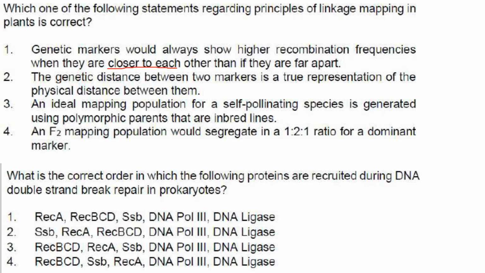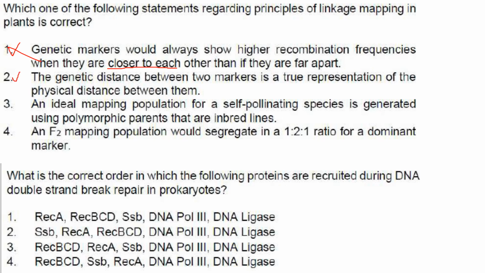They have asked which is the correct statement. The genetic distance between two markers is a true representation of the physical distance between them. That is also incorrect. Genetic distance is measured in centimorgan and physical distance is by base pairs. And the base pairs are not going to be equal to your centimorgans at all in any case. One centimorgan corresponds to different base pairs across species. So the second is also not correct.